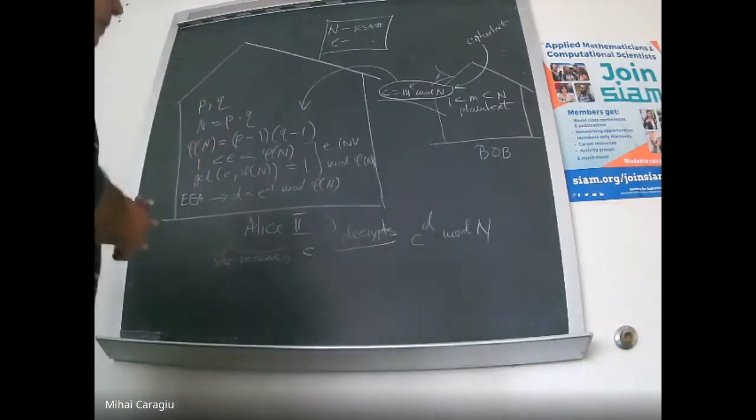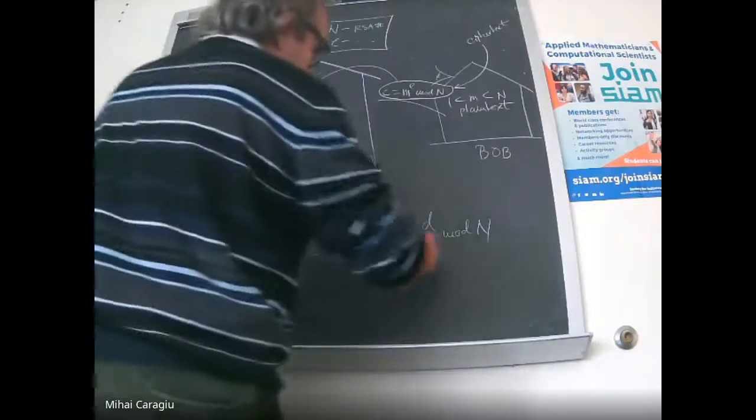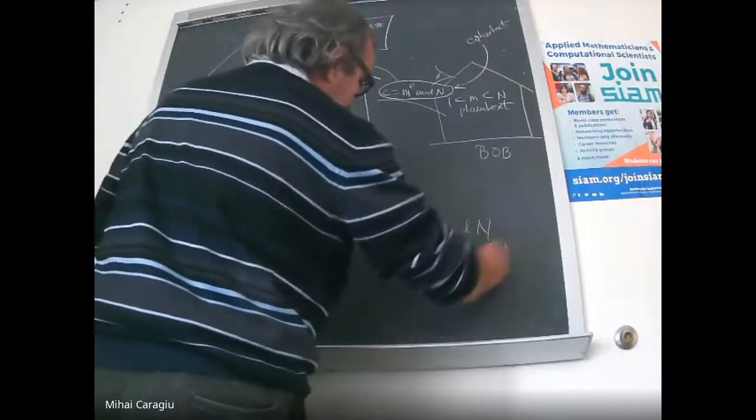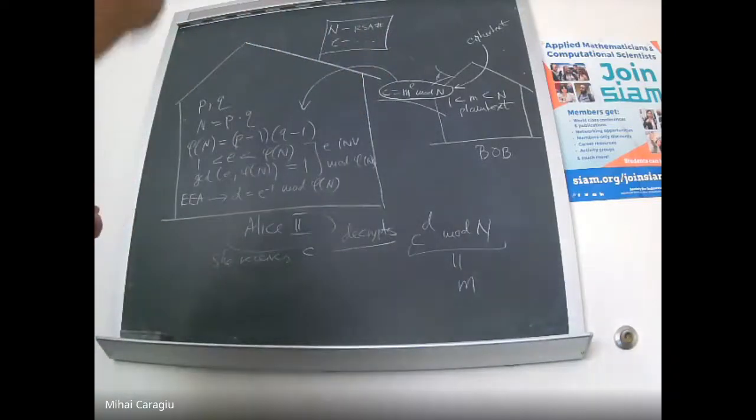And then it can be proved that the decryption of the ciphertext produces exactly the original plain text that Bob was intending to send.